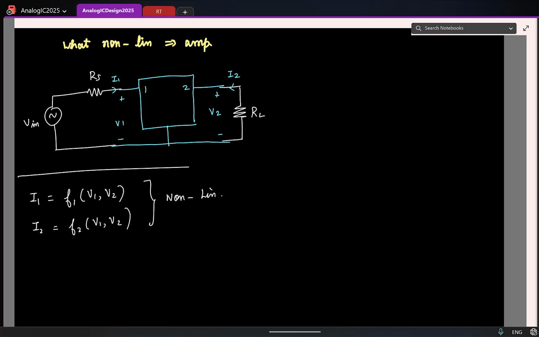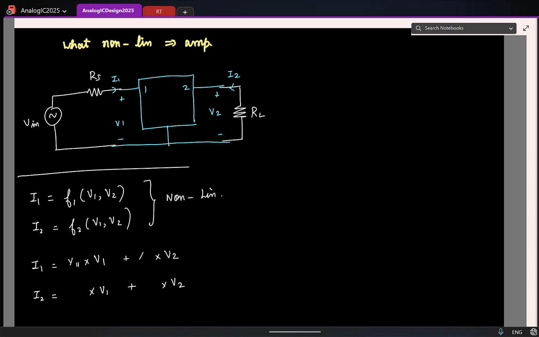If this were a linear 2-port network, the current will be related to the voltages in a linear fashion. So essentially, if this was linear, I will have the current I1 to be some constant times V1 plus some other constant times V2. Similarly, I2 will be some other constant times V1 plus some other constant times V2. And what are those constants called?